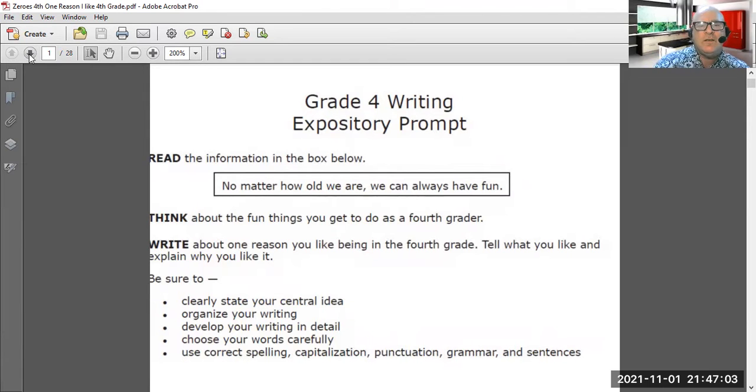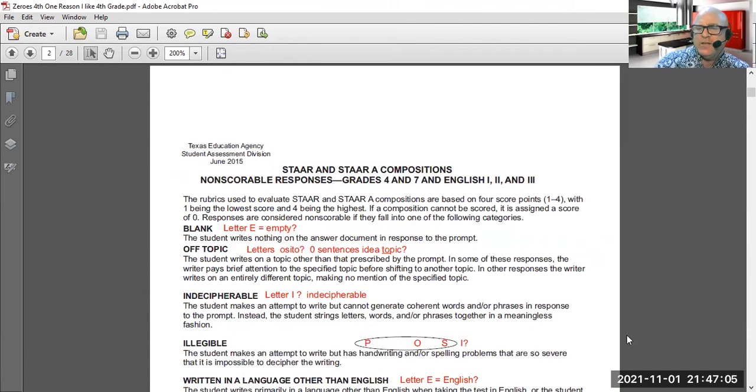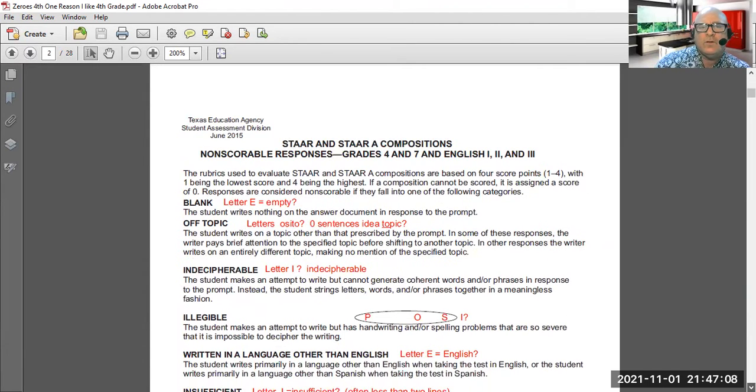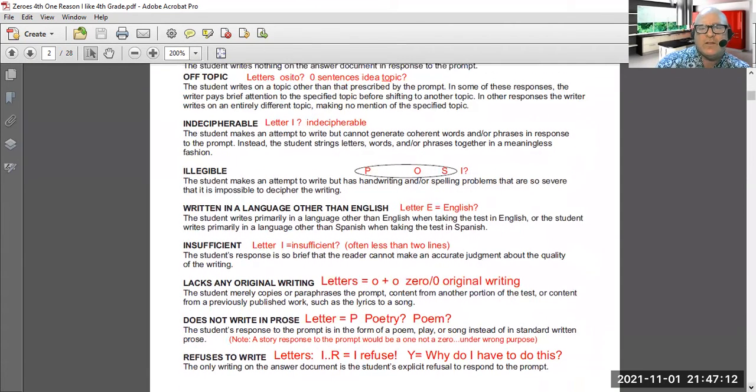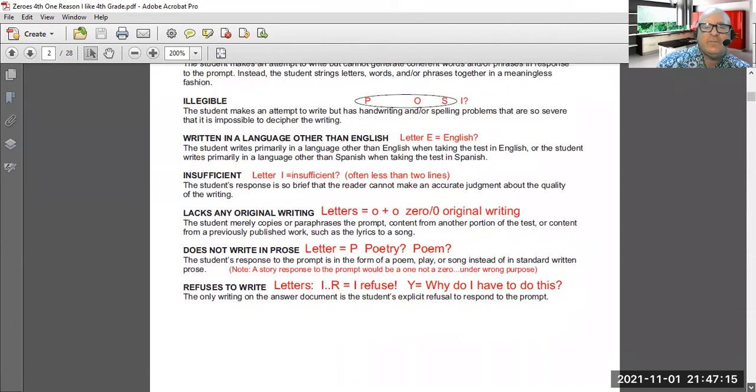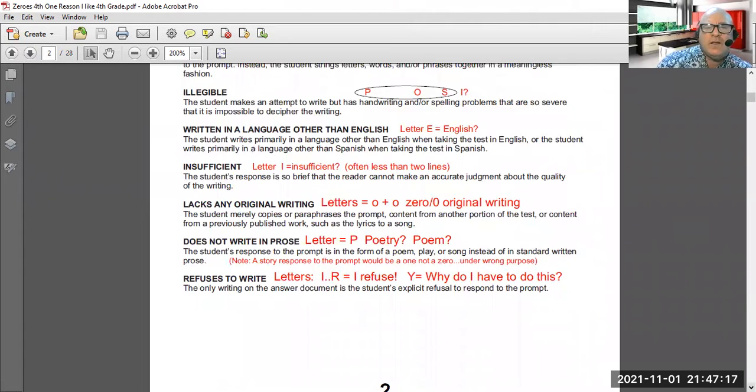What you'll see is the document that was sent out, which was basically all those reasons on the octopus that will get you the 0. What I'm trying to do with the stop sign is show you how to stop that from happening.